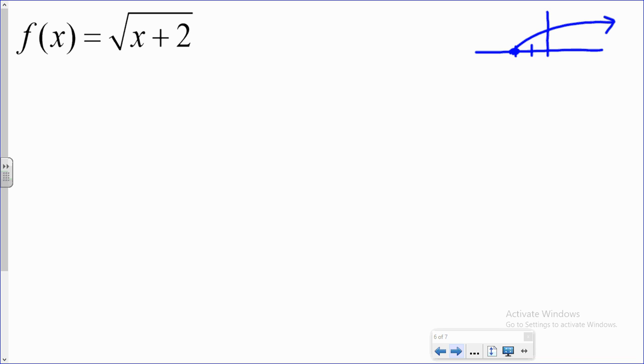Okay, so back to pod 1 description. To find an inverse, we need to switch x and y, and then you went ahead and said solve for y, right? So I'm always going to give you a function in function notation. I would go ahead and change the f of x to y.